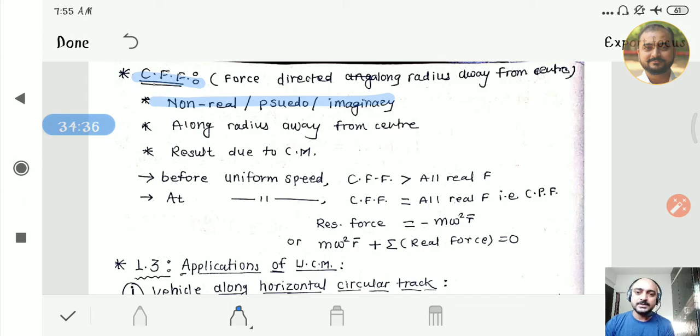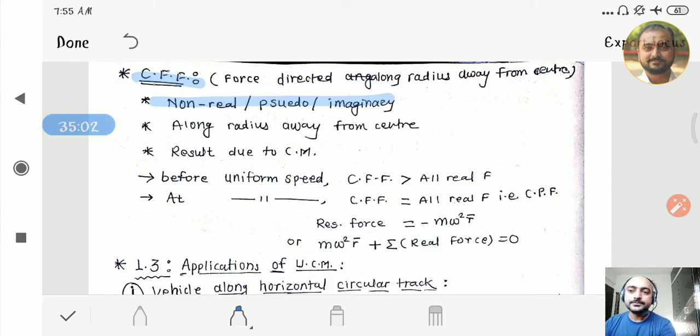Means there is no particular source or origin of the force. You just experience that force, and that is why we call it an imaginary force. Because according to Newton's first law, there will be no motion if a force is not acting, and so we consider this imaginary force.